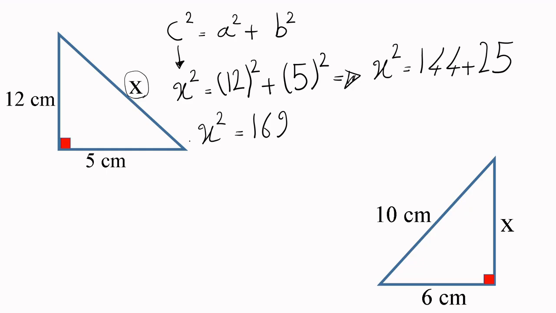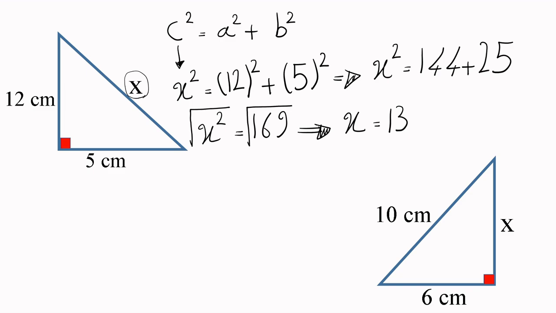For the next step, I'm gonna take a square root from both sides. And finally, the final answer and the missing side would be x is equal to 13, because 13 times 13 would be 169. Here you may ask, okay, I know that one of the answers when I take a square root would be 13, but negative 13 is the other answer. I know that.